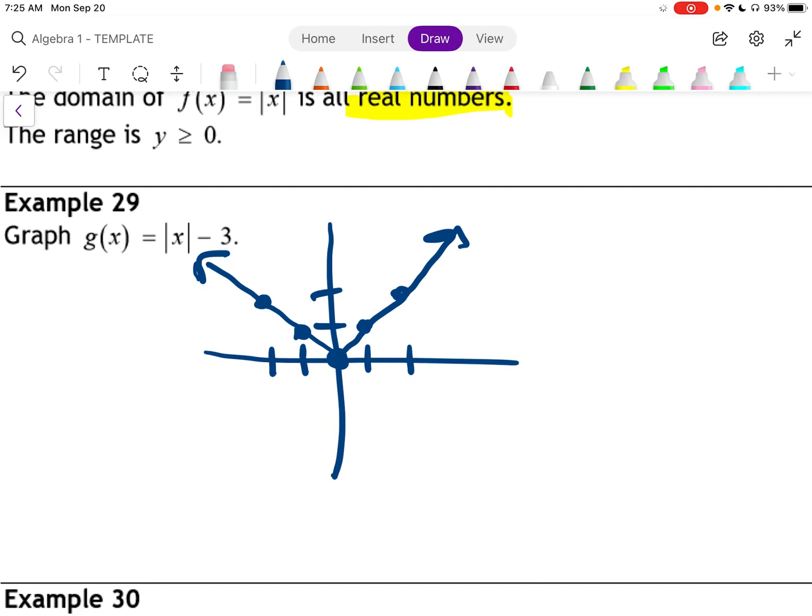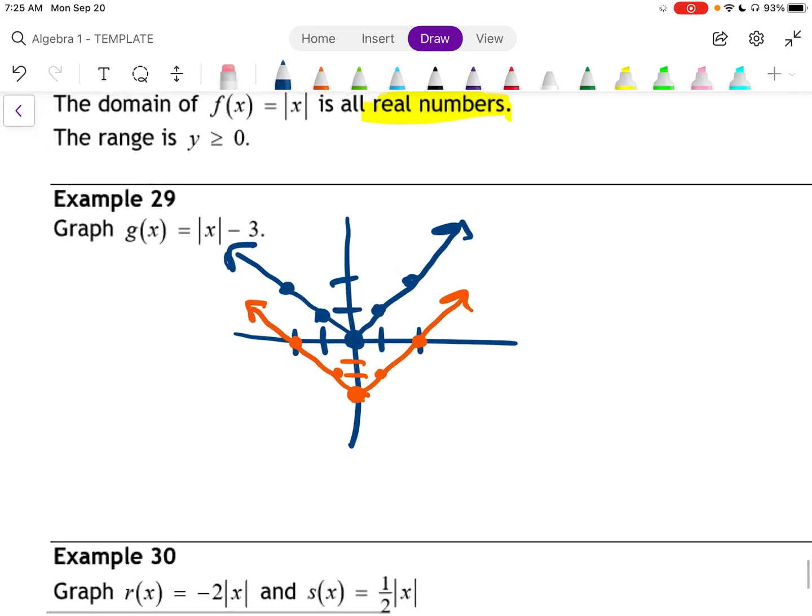This one, g, tells us to go down 3 units. So I'm going to go down 3. There's my new point. Down 3 for the next one, down 3 for the other. There we are. Now again, you could have made a t-chart and plugged in, and you would have gotten the same exact points.